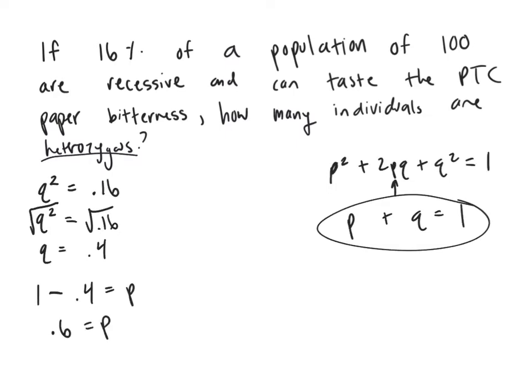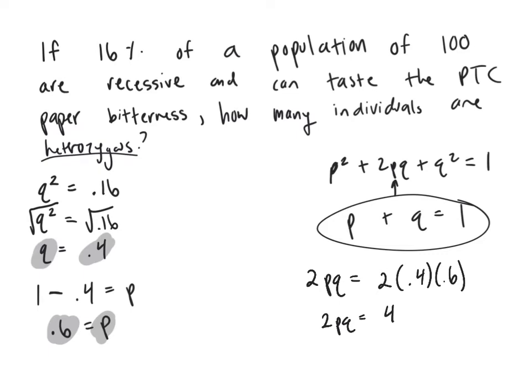So now that we have our Q value and our P value here, we can plug that in for the heterozygous, and if the heterozygous is equal to 2 times P times Q, in this case, we're going to plug that in, and what we get when you plug that into the calculator is going to be about 48%.